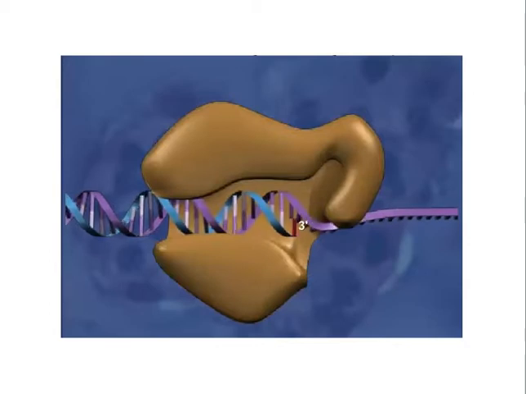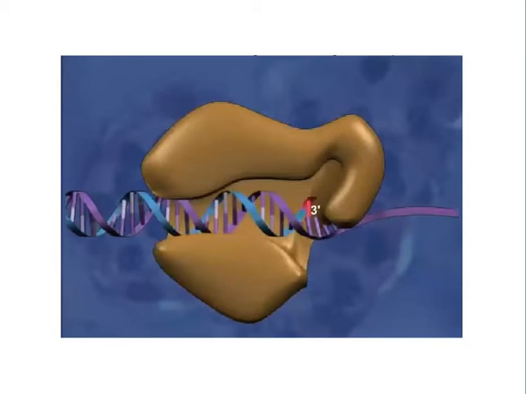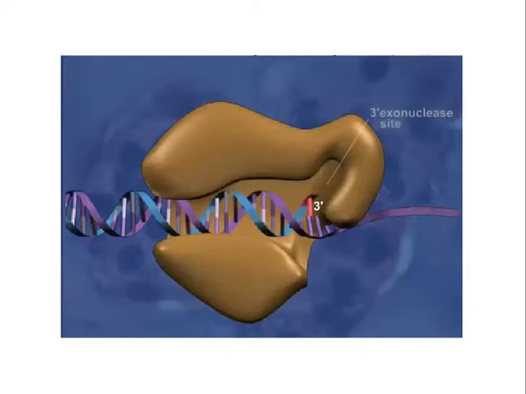This pause allows spontaneous melting of the end of the DNA strand being synthesized, freeing the 3' end with the mismatched base to enter a 3' exonuclease site on the DNA polymerase. The exonuclease site catalyzes the removal of several nucleotides from the 3' end of the growing strand.